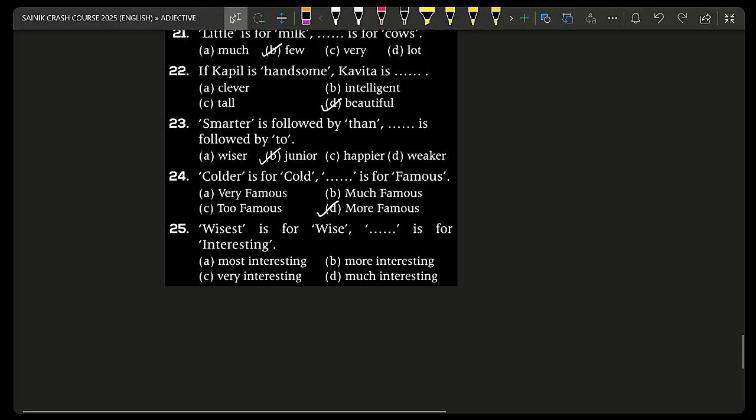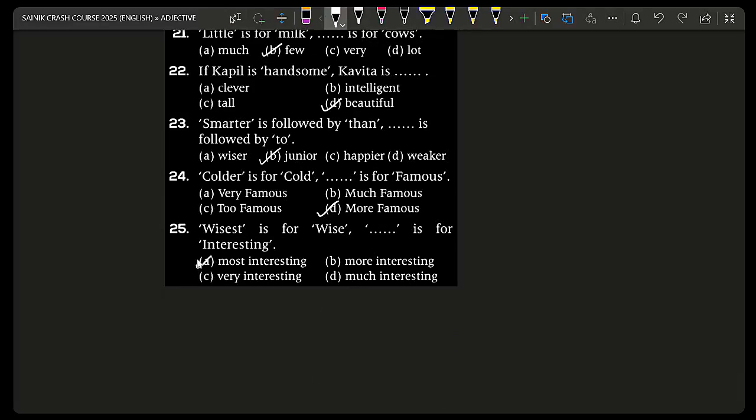Wise, wiser, wisest. They used the superlative degree for wise, right? Yes, sir. So you should use the superlative degree for interesting. What is the superlative degree we use? Very interesting. No, most interesting. Interesting, more interesting, most interesting. So option A, okay?